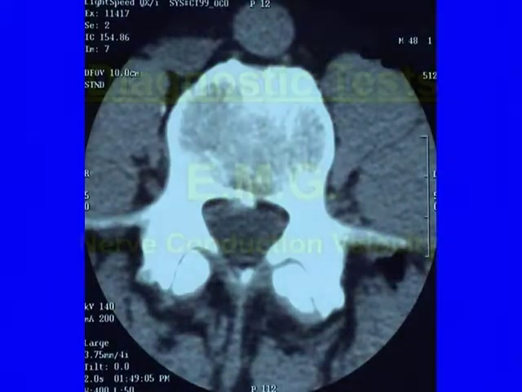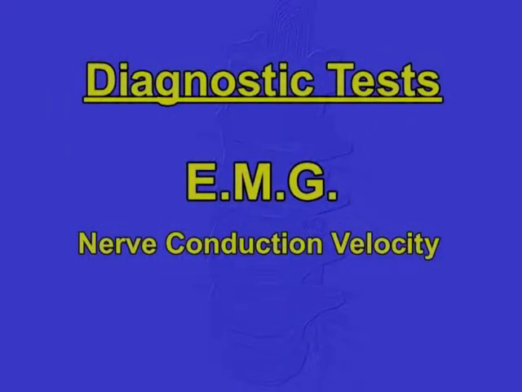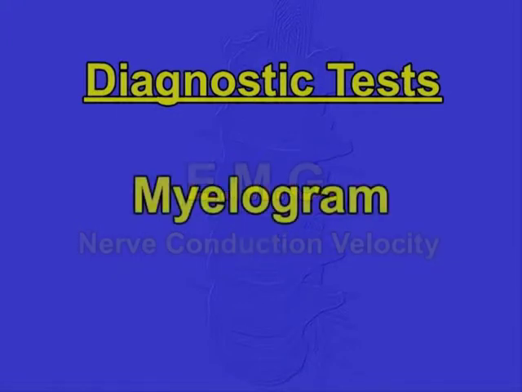An E.M.G. nerve conduction velocity study. These tests may determine the extent of any nerve damage you may have. A myelogram places a special dye in your spinal sac to highlight any compression on a nerve which may be causing your symptoms. This study is usually followed by a CAT scan.